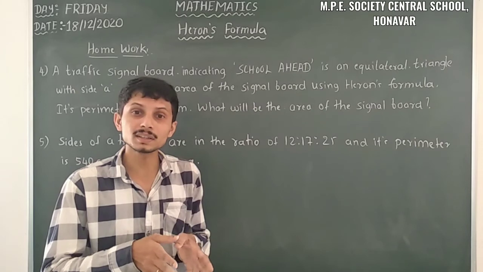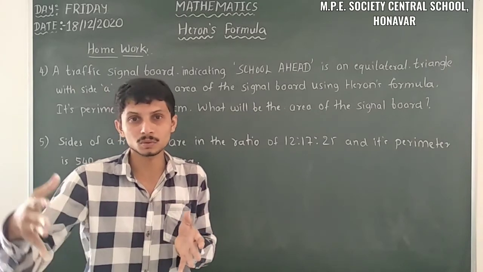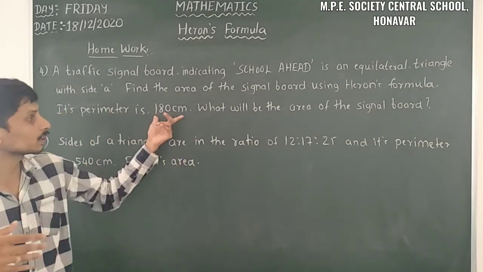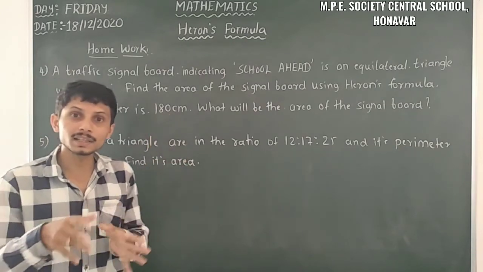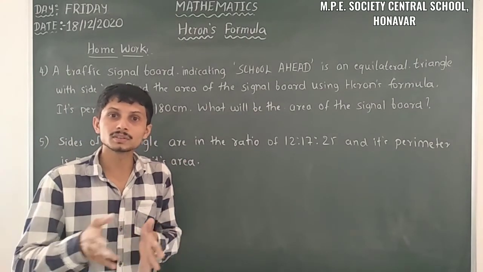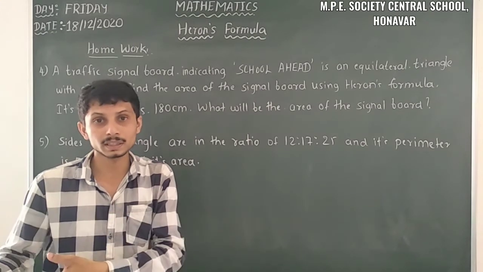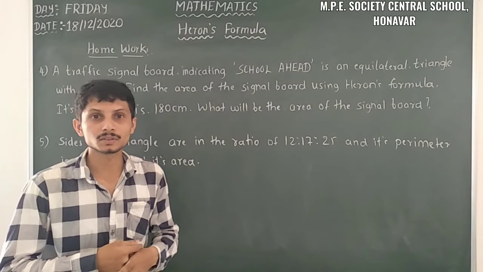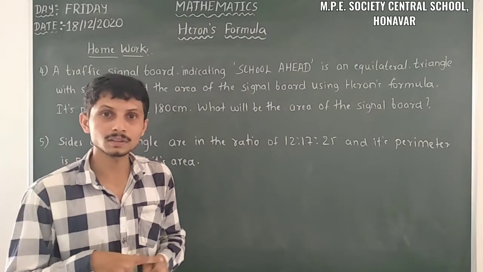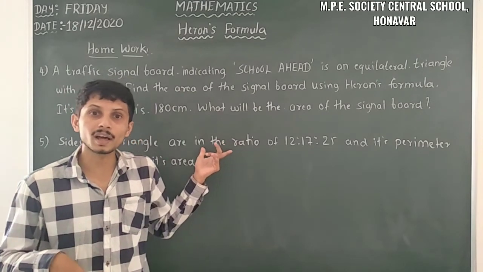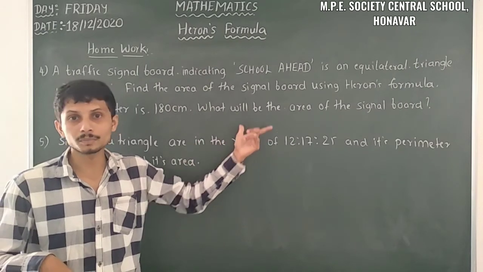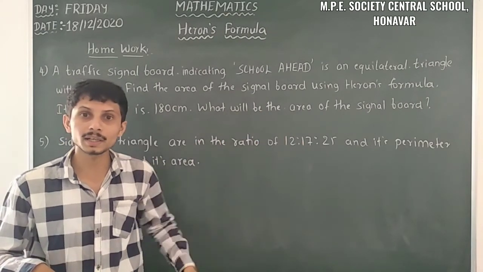So we have to insert the value of a plus a plus a is equal to, whatever it is given, 180 centimeter. Then 3a is equal to 180 centimeter, and then you can calculate the value of a by transposing this 3 to the RHS side. So then we have to take the division. Then you can get the value of one side of the equilateral triangle, and all the other sides will be equal.